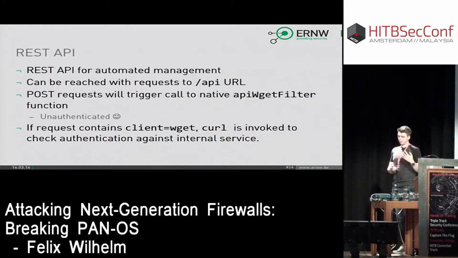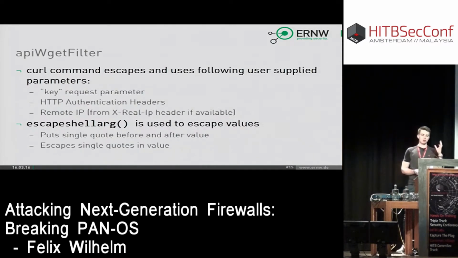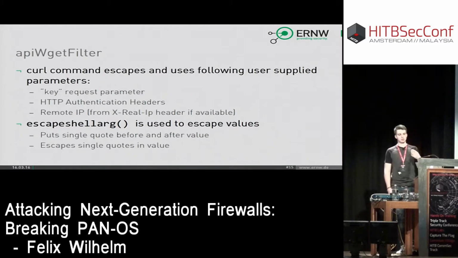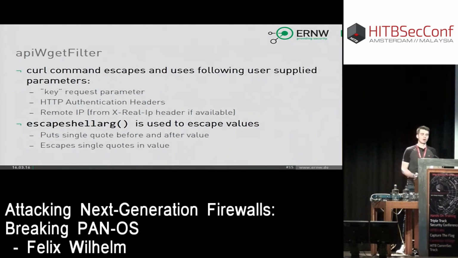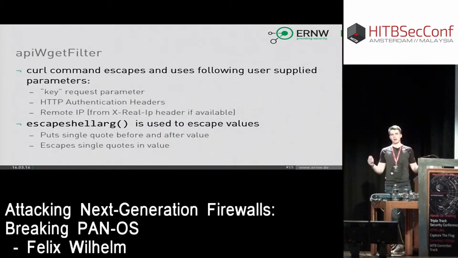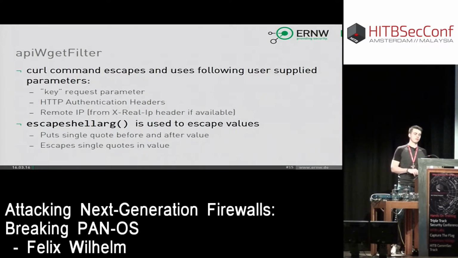And the fun part about that is this curl command uses some user-supplied input parameters. So they basically generate a dynamic invocation to curl, talking to this local service. So you can use this to influence the command a bit.